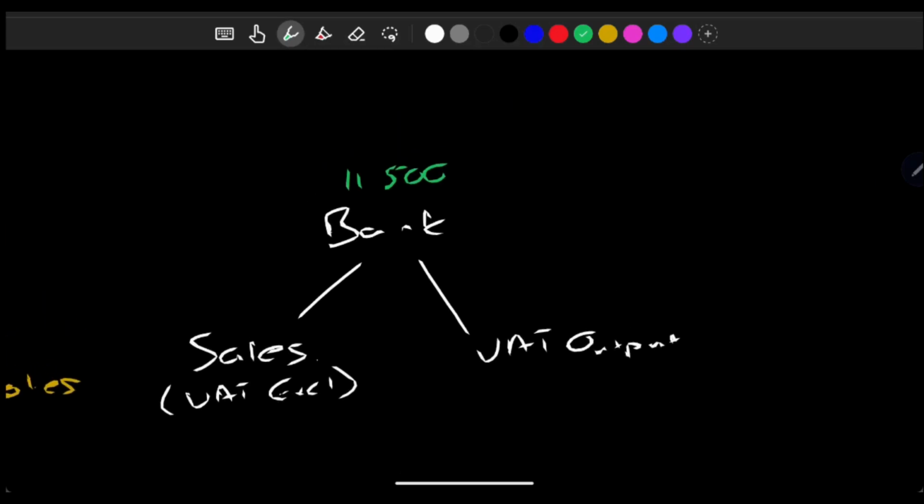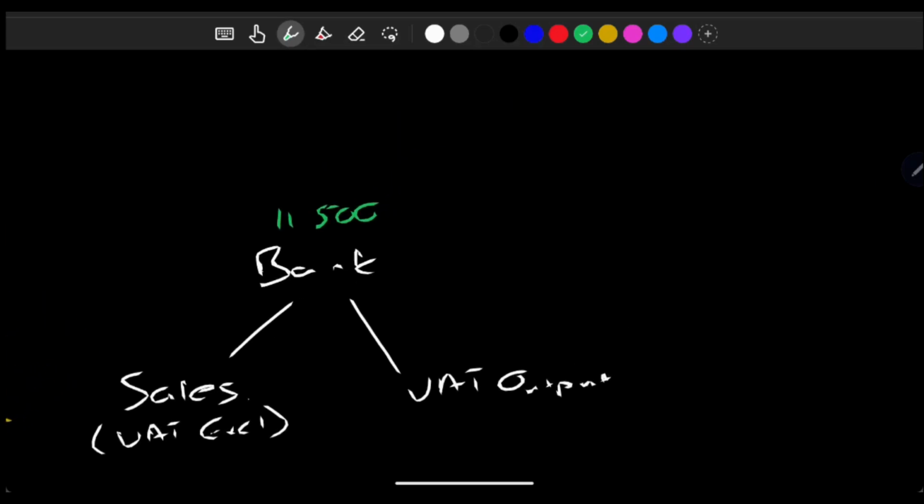So what VAT inclusive means is that this amount includes the amount of VAT, right? For example, if we had an expense for 1,000 Rand and our VAT was 150, the VAT inclusive amount is 1,150, right?